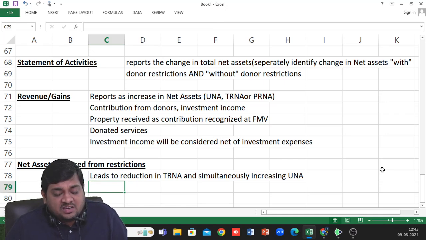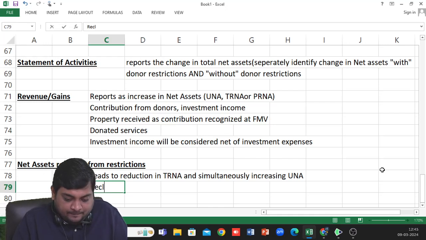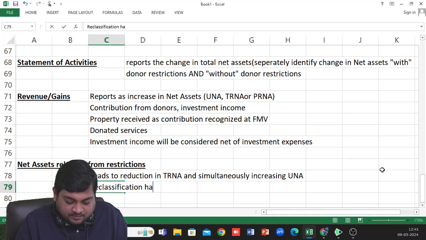This reclassification happens only for TRNA, not for PRNA.